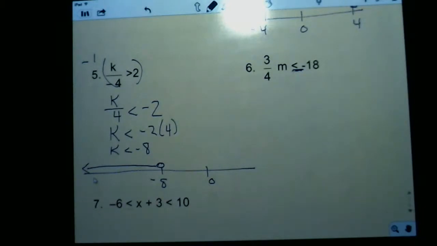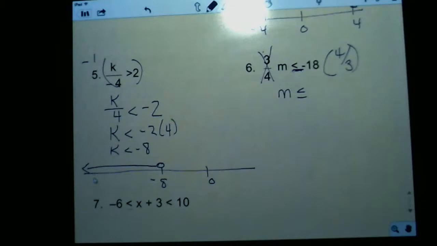All right, one more. 3/4 of m is less than or equal to negative 18. Remember that when you've got a fraction, what we need to do is multiply by the reciprocal. That's going to clear that out. And I get m is less than or equal to negative 18 times 4 thirds.